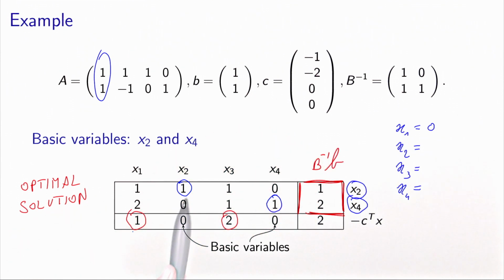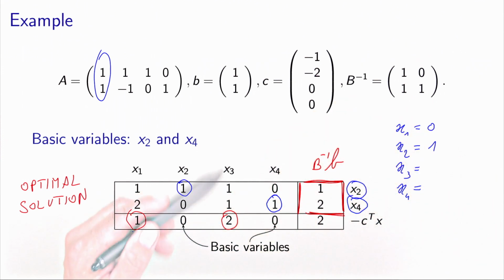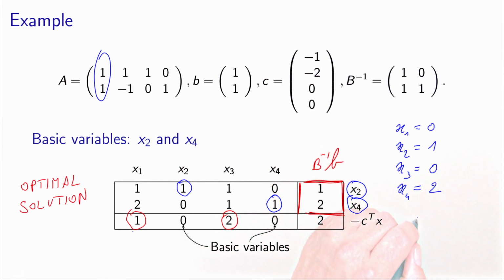And we know from this relationship that this row here corresponds to x2, and this row corresponds to x4. Therefore, x2 is equal to 1. x3 is out of the basis, so its value is 0. And x4 is in the basis, and its value is here. It's equal to 2.